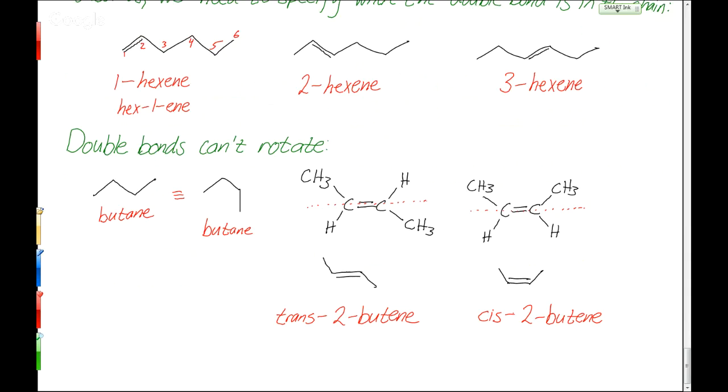So if you want to look at a double bond and try to decide if it's in the trans or the cis orientation, you draw a dotted line through the double bond, and you try to determine whether those major groups are on the same side or opposite sides of that line.